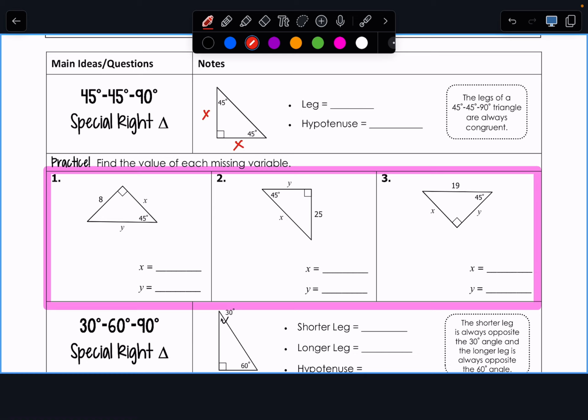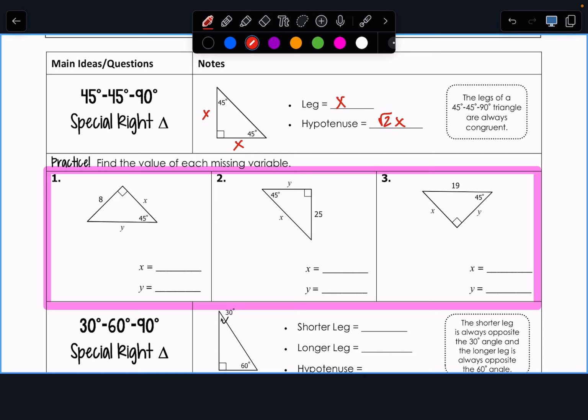Oh, you don't have that. Okay. Where's my pencil? I have somebody else who doesn't have the package. Wait, why is it not 8? X is 8, X is 8. 8 square root 3? Wait, why? It's a 45 degree angle. Yeah, but it's both legs. Yes, that's what I said.